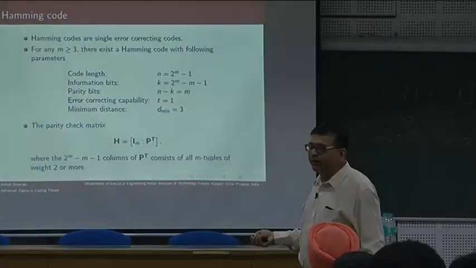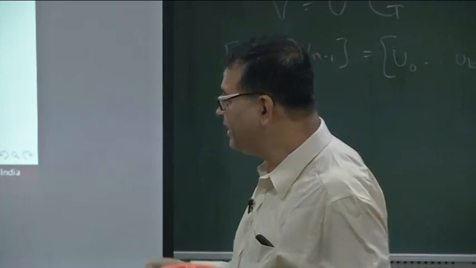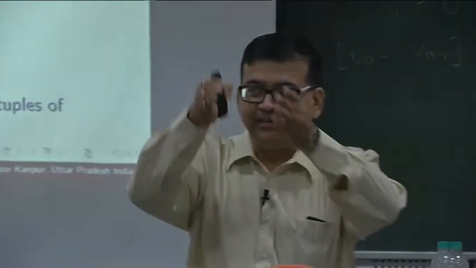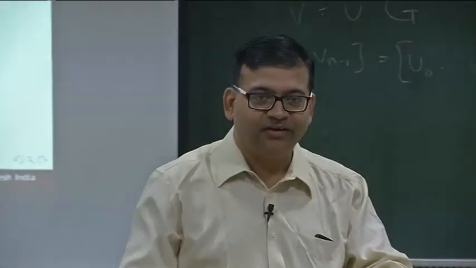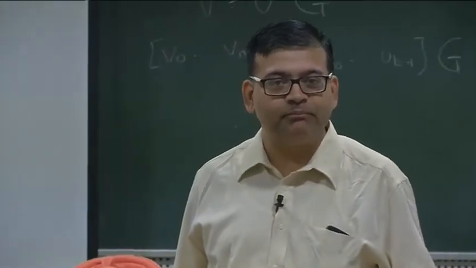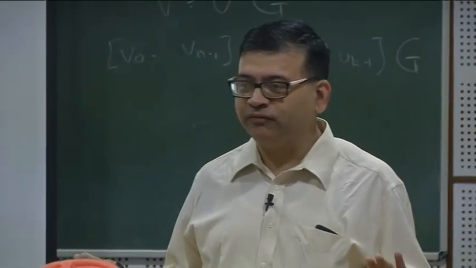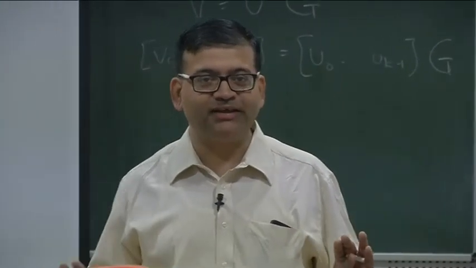You add any 2 m-tuples, you get another m-tuple. See, all these m-tuples are distinct. You agree? So if you add 2 of them, they won't add up to 0. Do you agree with this?